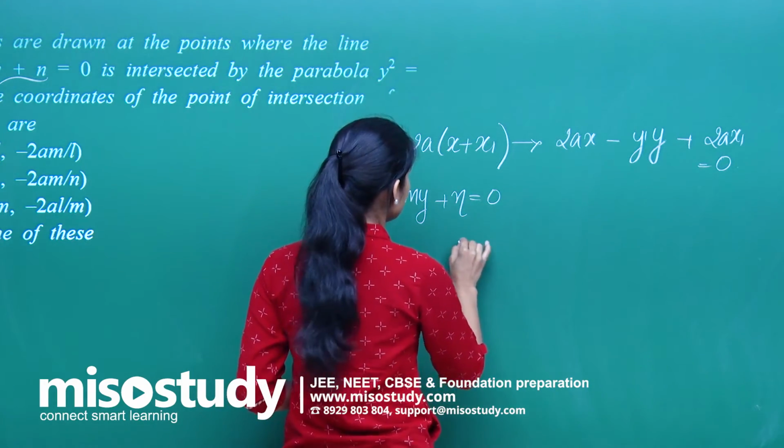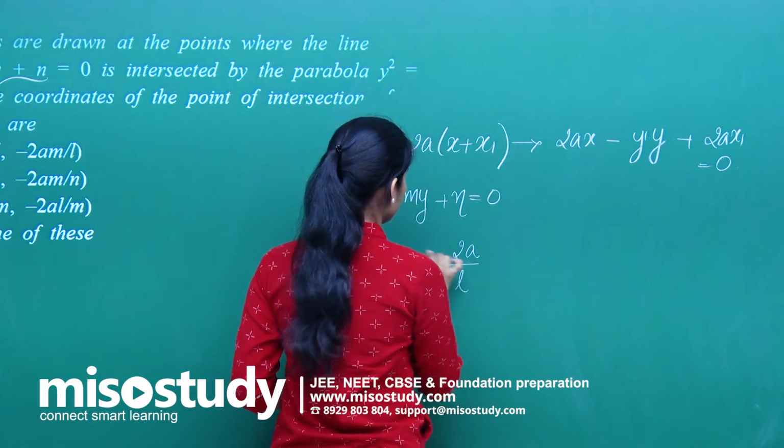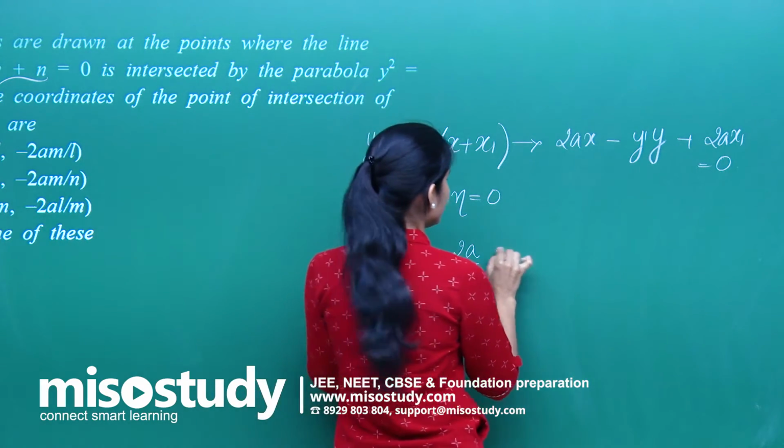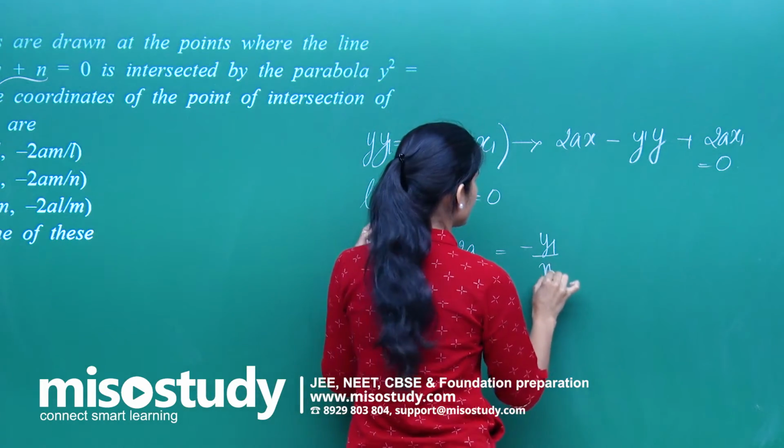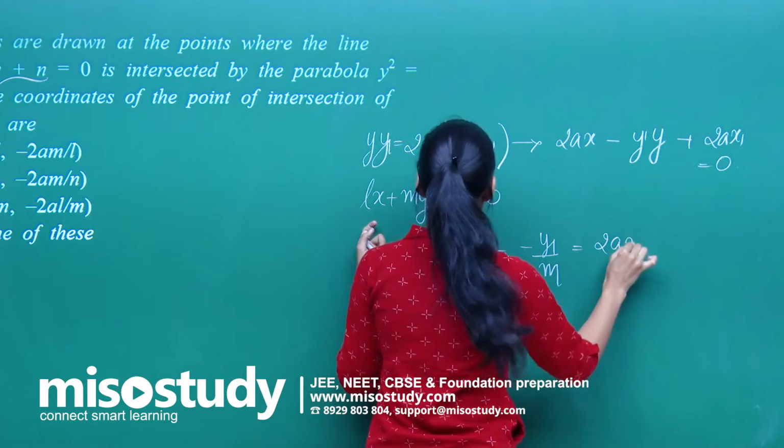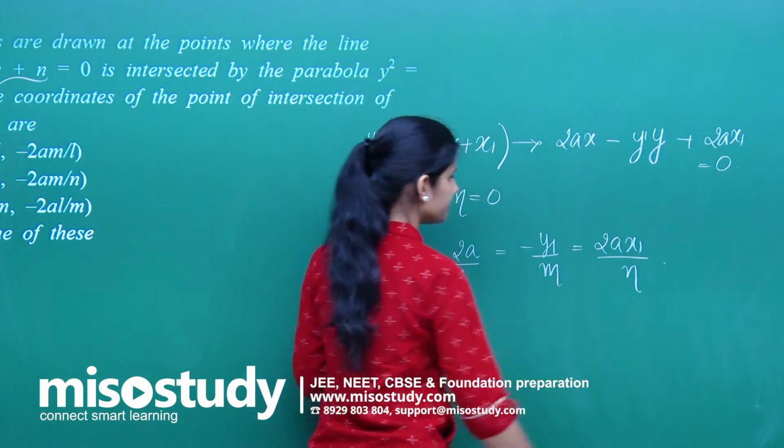So what you get is that 2a by L is equal to minus y1 by m equals 2ax1 by n.